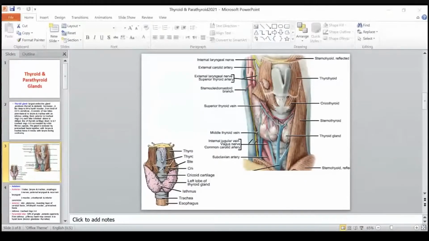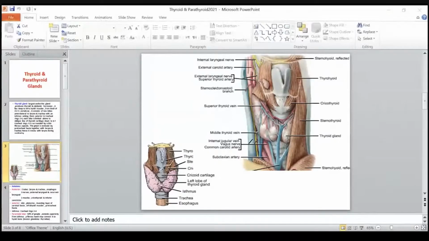It consists of two lobes, anterolateral to larynx and trachea, with an isthmus uniting them anterior to tracheal rings two to four. Each lobe is limited above to the oblique line of thyroid cartilage, down to the 6th or 7th tracheal ring. Surrounded by a thin fibrous capsule, the gland is enclosed by pretracheal fascia together with the larynx and trachea, hence it moves with the larynx during swallowing.